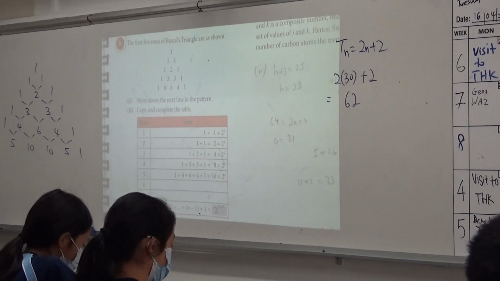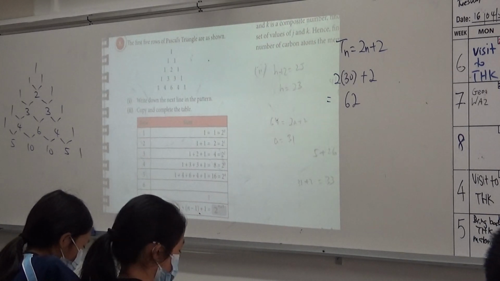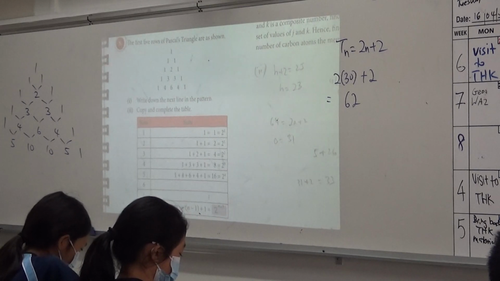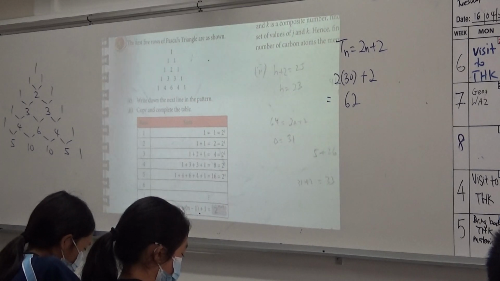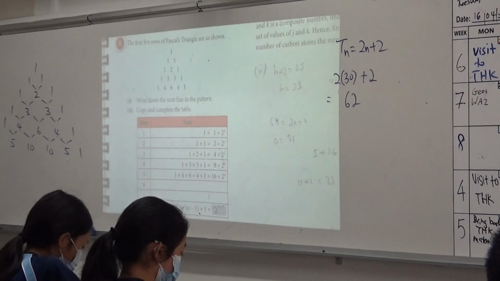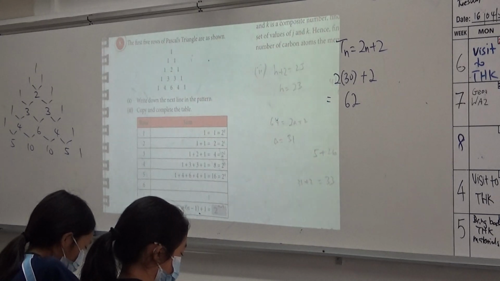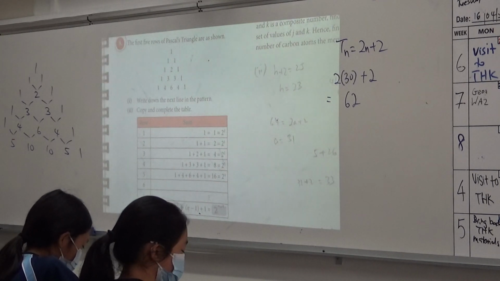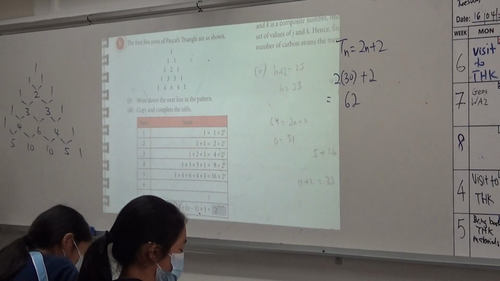Are we clear about the Pascal triangle? You will notice this particular sequence will again come up in Sec 3 when you do binomial theorem in your A-maths, if you are under me, alright?